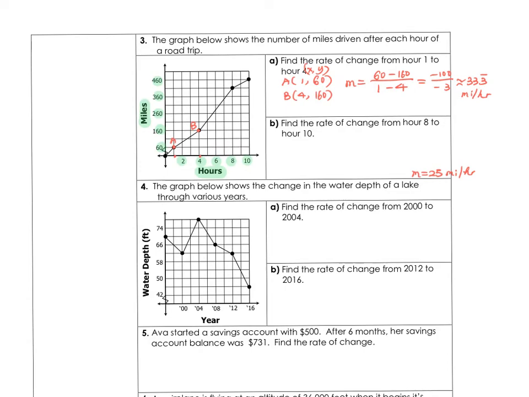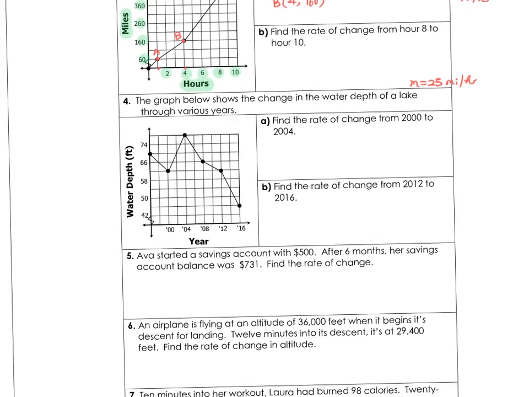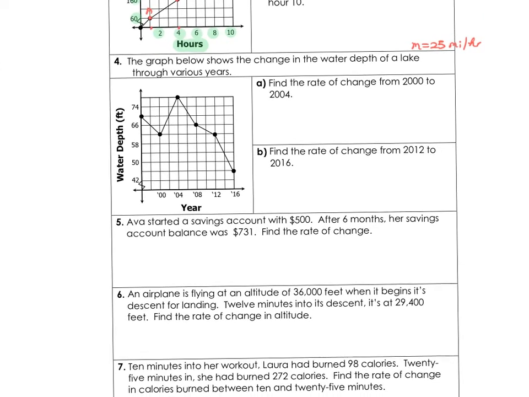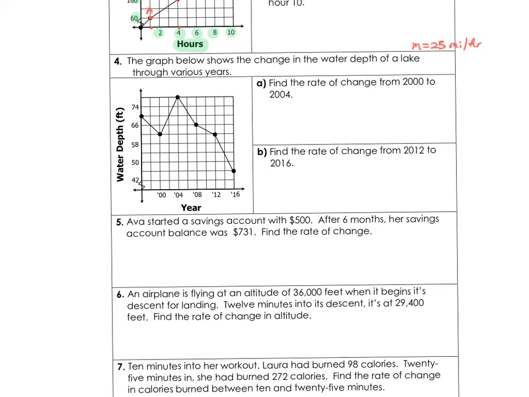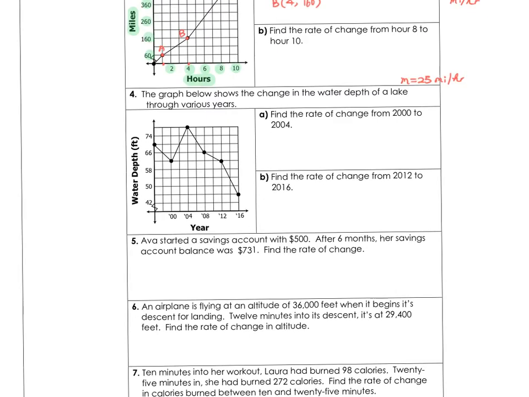So let's look at number 4. I'll move it up. Find the rate of change from 2000 to 2004. 2000 is right here. 2004 is right here. So we're talking about these two data points here. Find the coordinate.